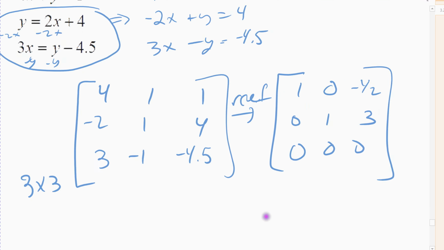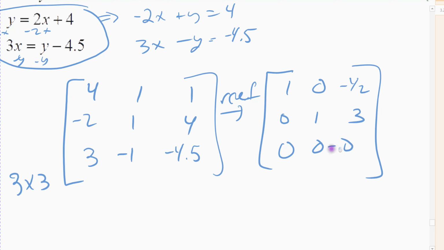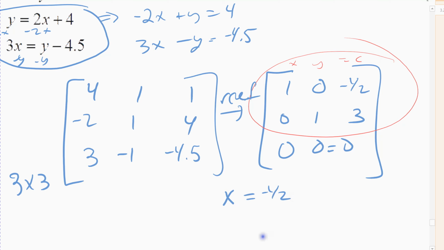So now I get that last row of zeros, but remember that last row of zeros just means there's no false statement, like the previous one. And so I go and look above and see what the equations tell me. Well, in this case, this is the x, this is the y, that's equal to my constant. And so my equation tells me there's one x, no y, and it equals the constant negative 1/2.